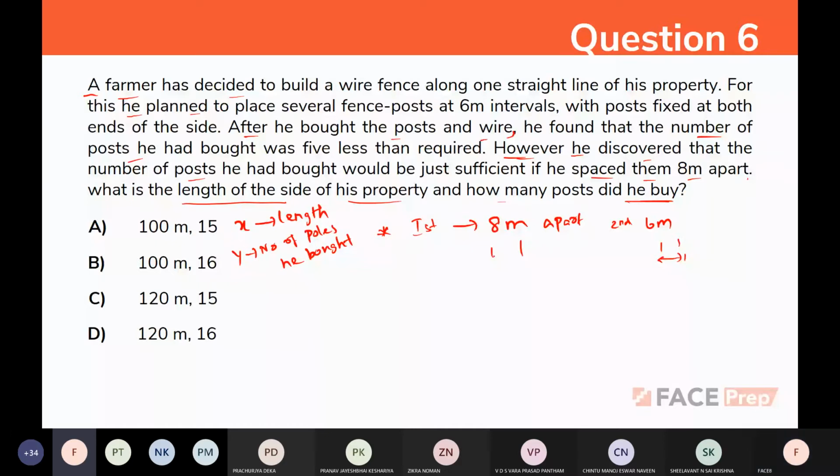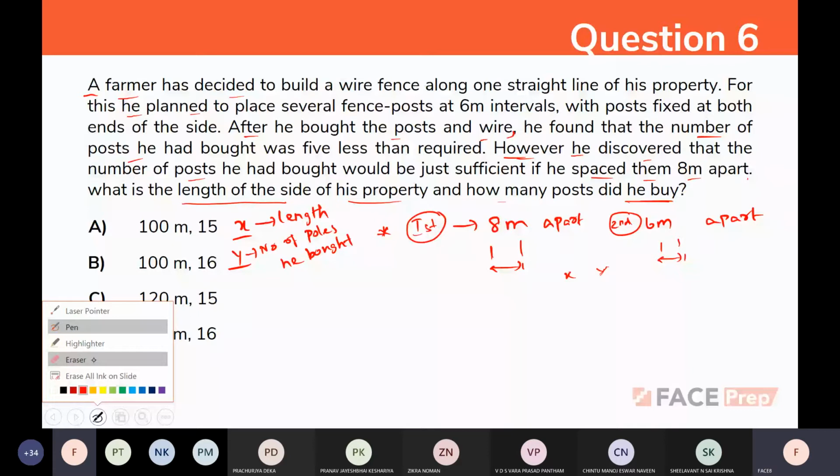We need to find the number of poles for both cases, because we have two unknown variables. If we solve two cases, we will have two equations, so we will find x and y.